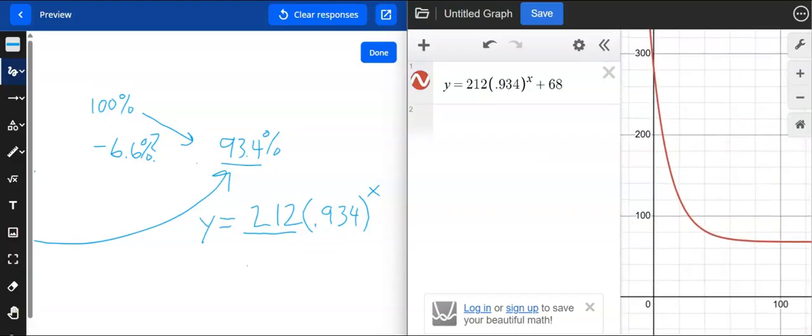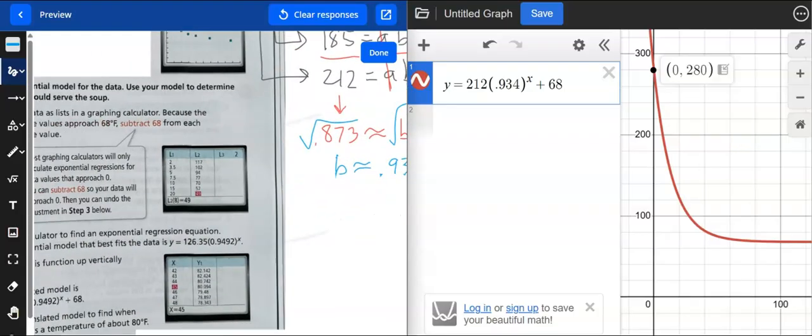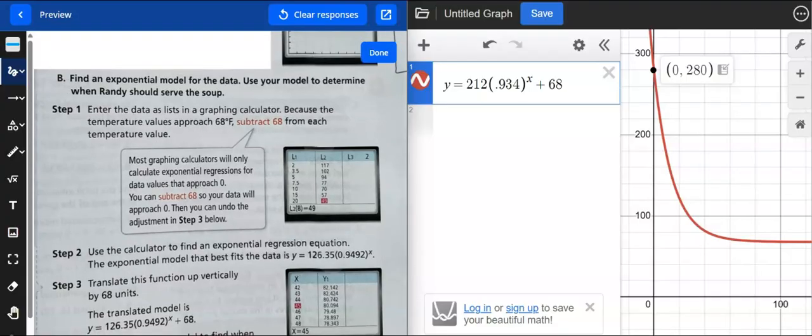Now what's wrong with my picture? Now I'm saying that the starting amount was 280 degrees. Okay, so I'm confused. What the heck? I know it's supposed to bottom out at around room temp, but how do I get this thing to... Well, let's take a look at what they suggested here.